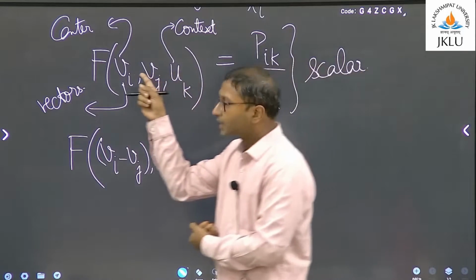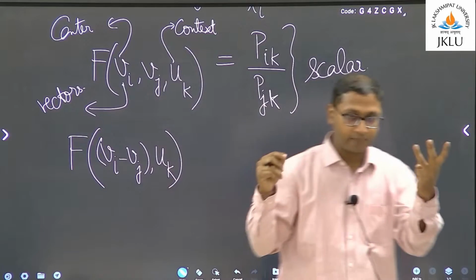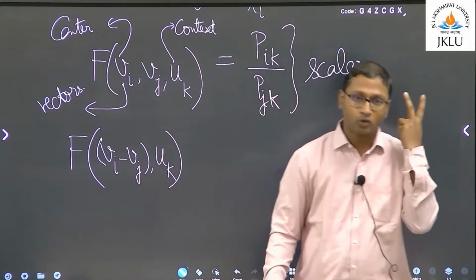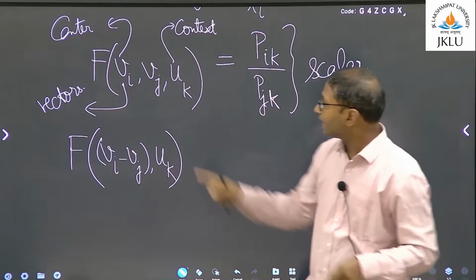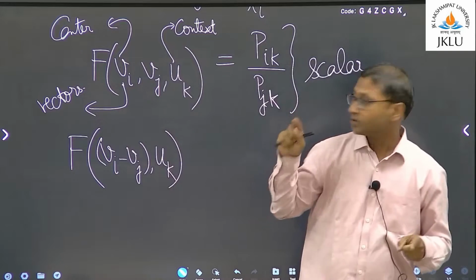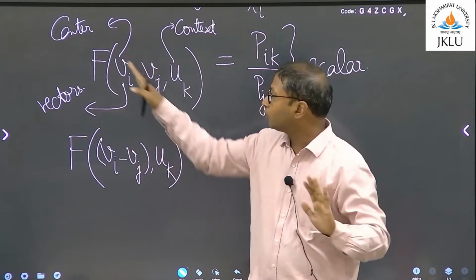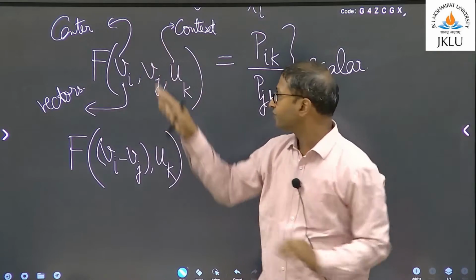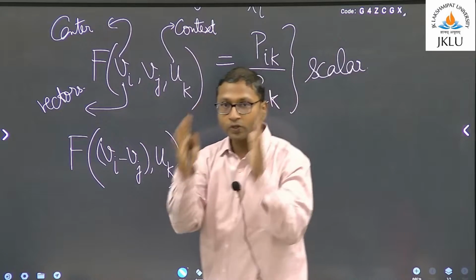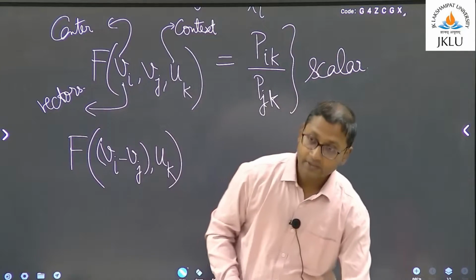If you see this particular function f, it is a function of 3 parameters, and this one is now a function of just 2 parameters, but it still has all the 3 word vectors. So you go from here to here by saying I don't want any generalized f that takes these parameters to this one. I want to keep on restricting this, and then is it a foolproof thing?